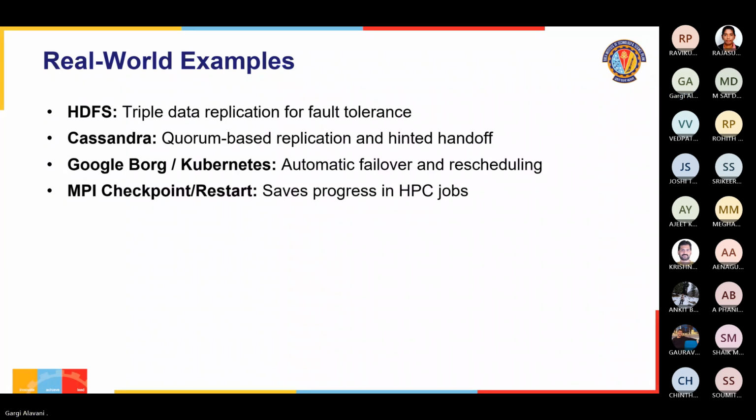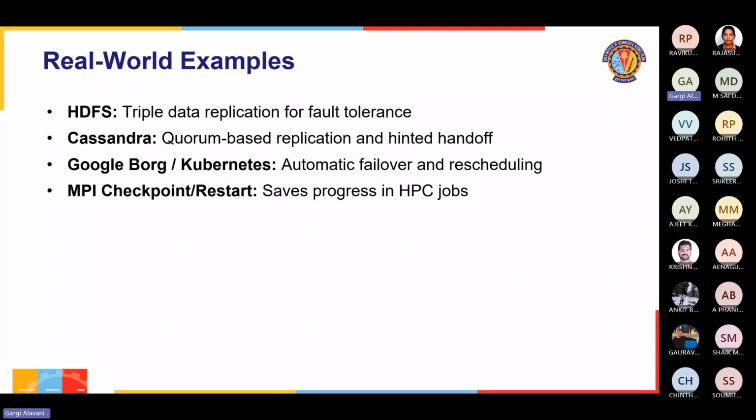Now, redundancy and checkpointing are used in many large scale systems. HDFS keeps three replicas of every data block to survive multiple failures. Cassandra uses quorum replication, and it also hints at a tunable consistency model as well as availability.